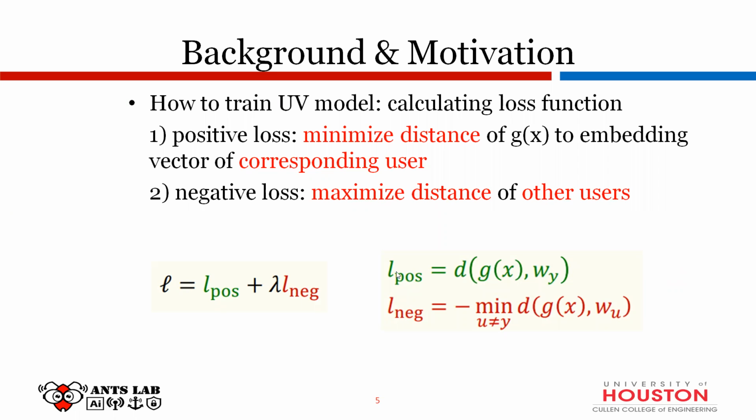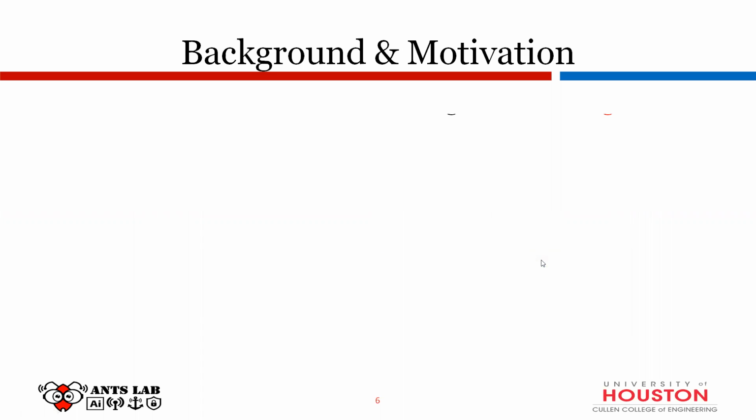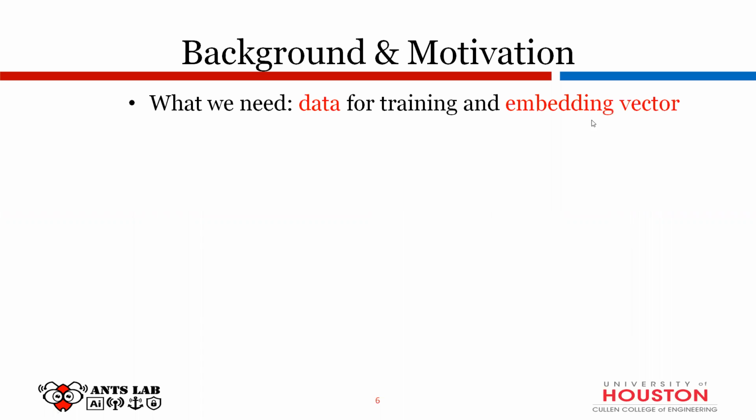With this formula, we can see how to train a UV model. We need to calculate the loss function, and the two things we need are, first, the data, and second, the information of the embeddings. So we have two needs for training the UV model: in general, we need data for training and the embedding vector.